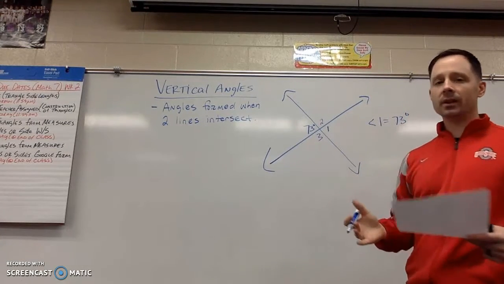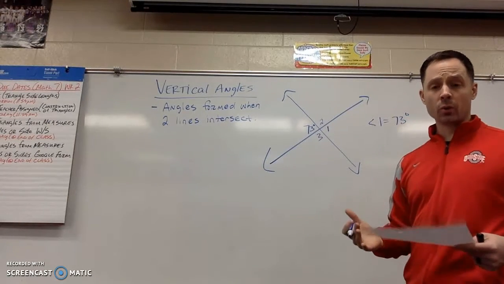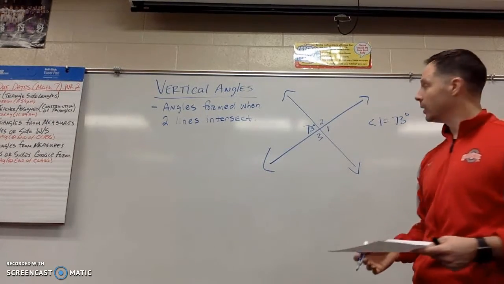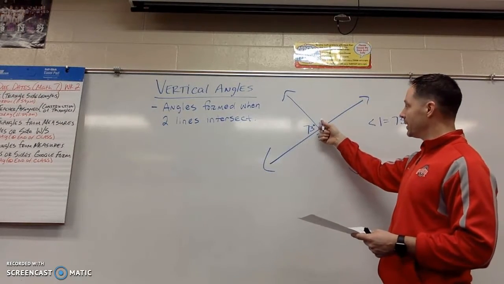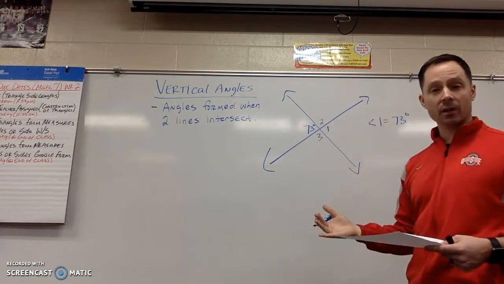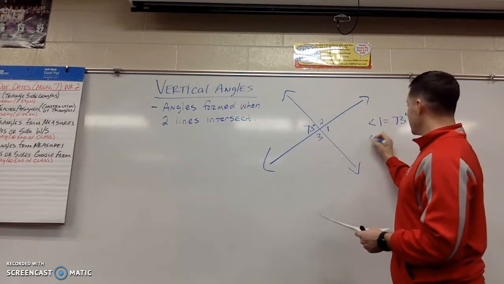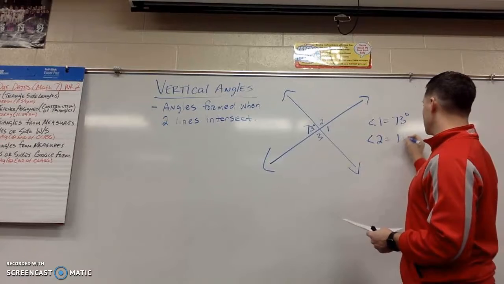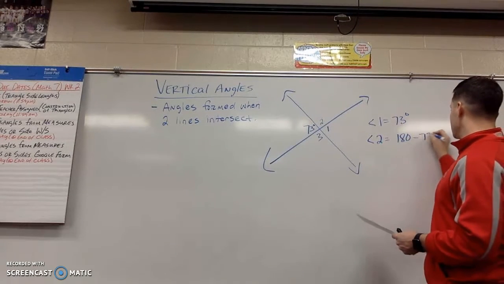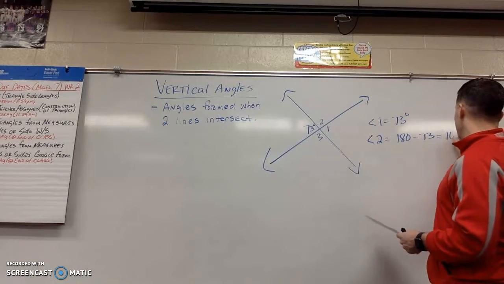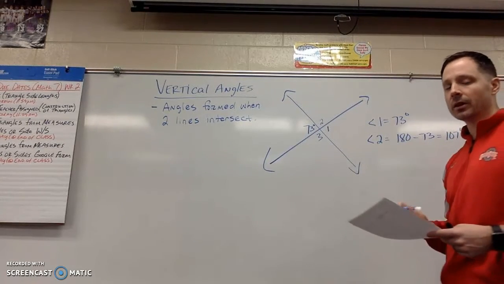Now, what do we do with the other two? Well, we can use the tools and the resources that we already know. We know that this 73 degrees right here with this angle 2 creates a supplemental angle. So we can say that angle 2 equals 180 minus 73, which ends up being 107 degrees.